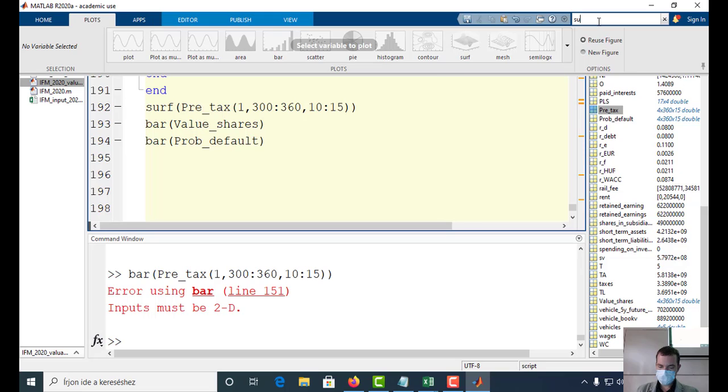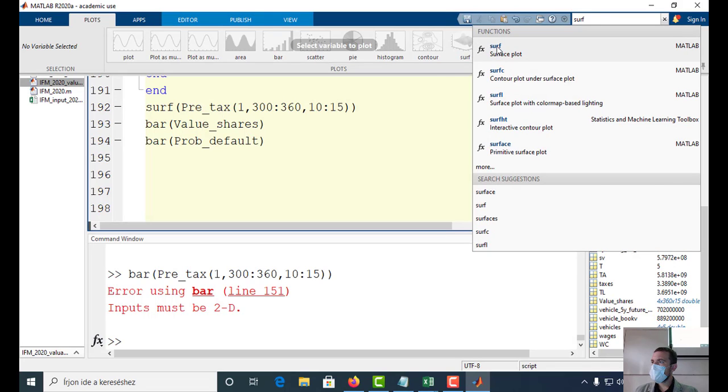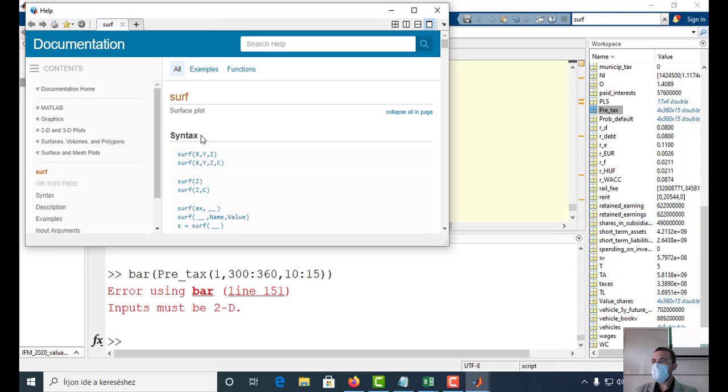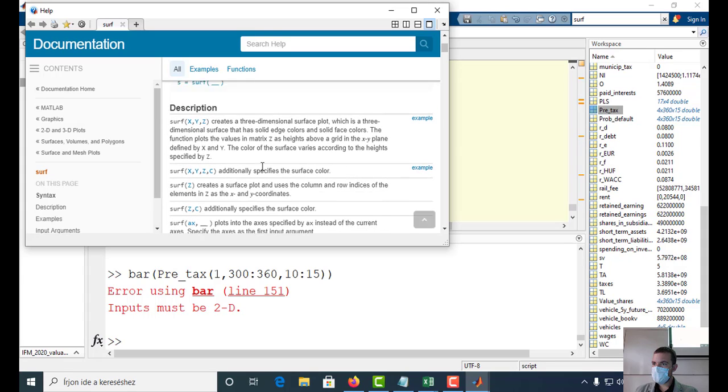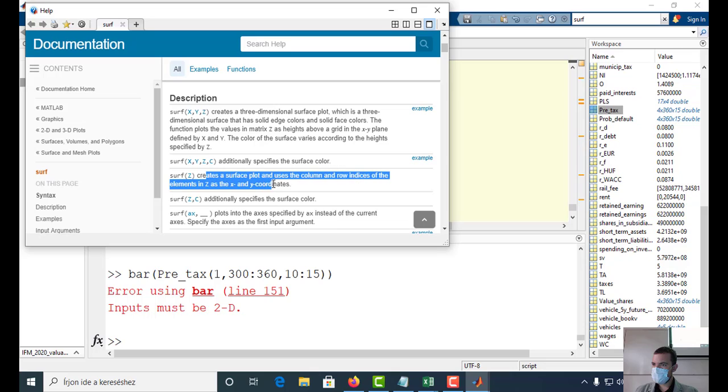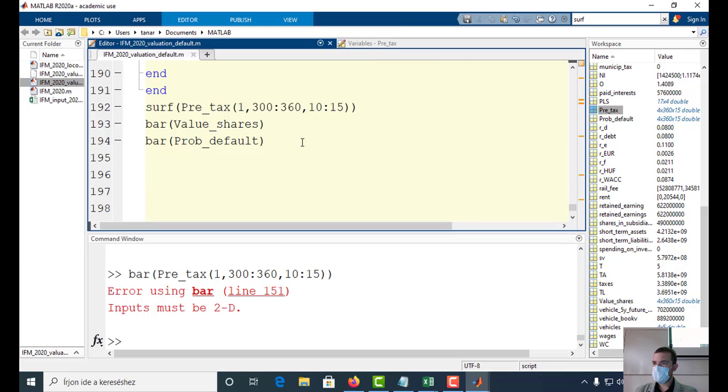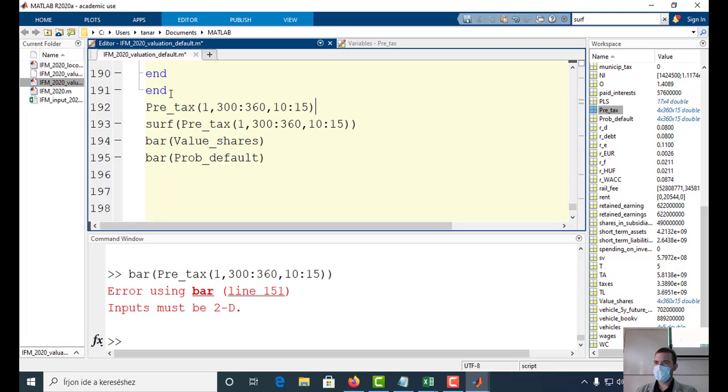Okay, then. Oh, they made it more complicated. Use this column and row indices of the elements. So we should go over it.